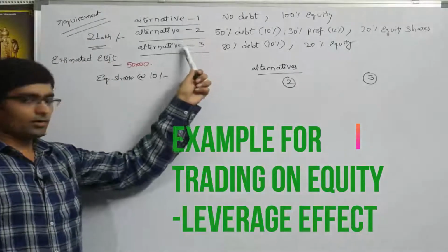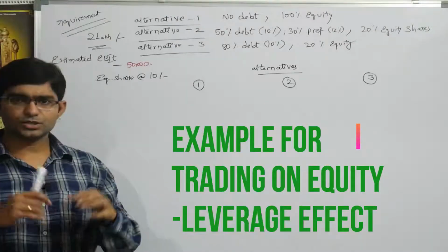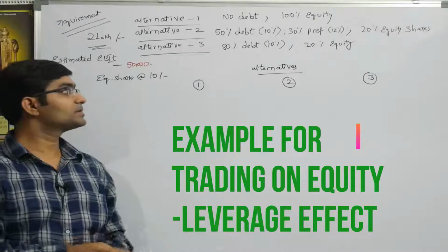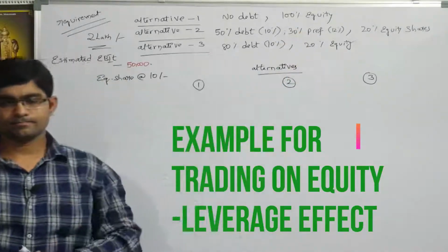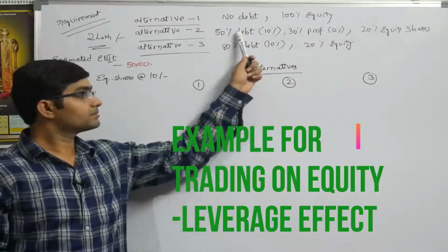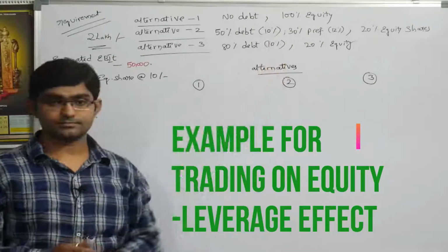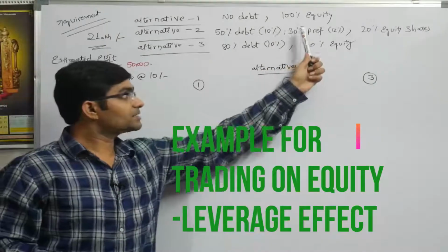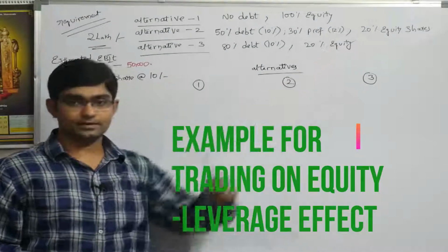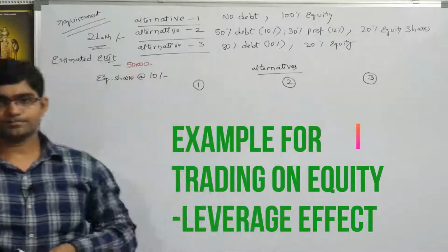There are 3 alternatives. In first alternative, there is no debt. 2 lakhs we raise through 100% equity. Second alternative, 50% debt at the rate of 10% interest, 30% preference at the rate of 12% dividend, remaining 20% through equity.